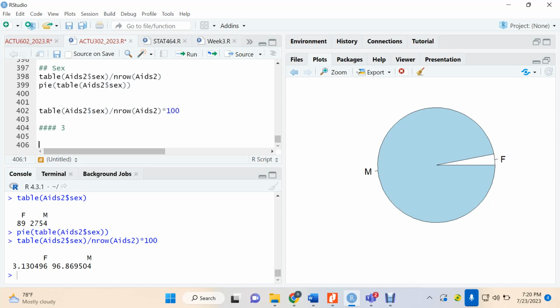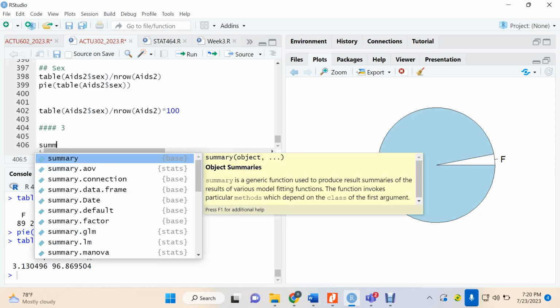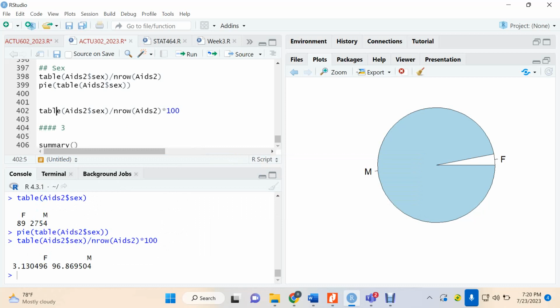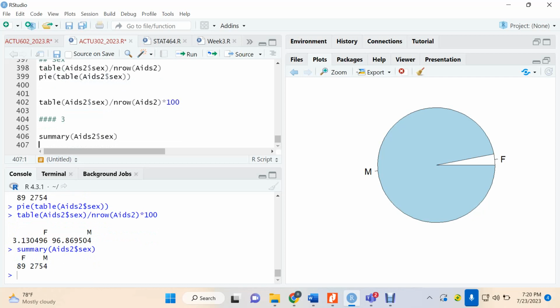But I don't encourage the use of summary for categorical data, because we use summary for getting summary statistics on the numeric data types.